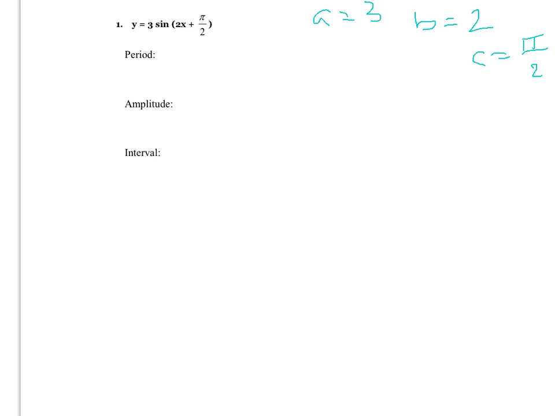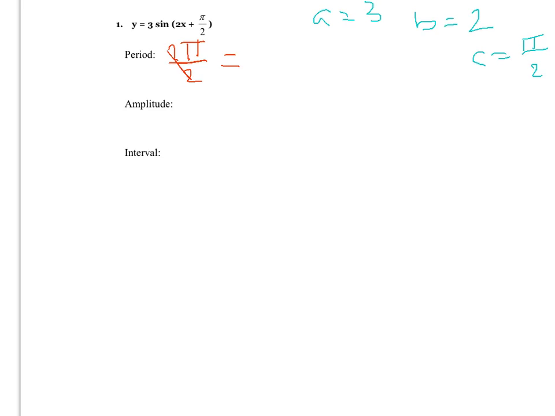So the first thing we're going to do is find the period. So remember, the period is 2 pi over b. So I put 2 pi over, and b in this case is 2. So I'm going to put 2 pi over 2.